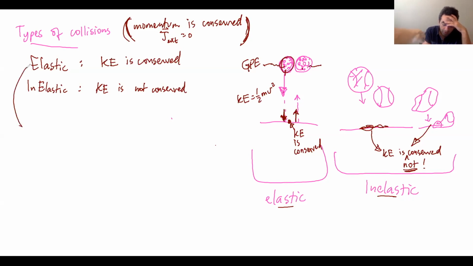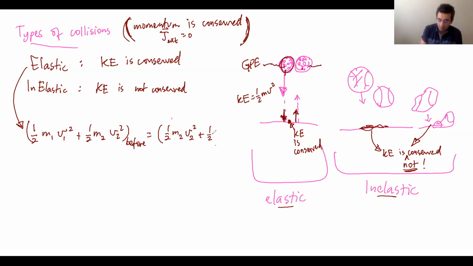What do I mean by kinetic energy is conserved? If I have two objects that are colliding, just like the previous slide, mass 1 has velocity 1, and it collides with mass 2 that has velocity 2, then conservation of kinetic energy means the total kinetic energy before the collision is equal to the total kinetic energy after the collision. So half mass 1 times speed 1 squared plus half mass 2 times speed 2 squared before the collision has to be equal to the same expression after.